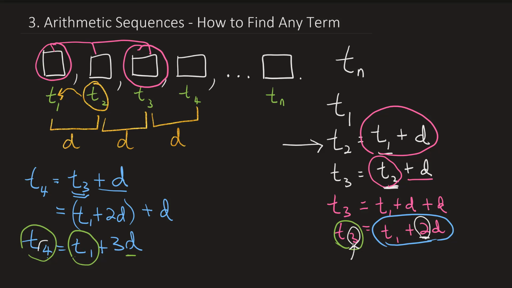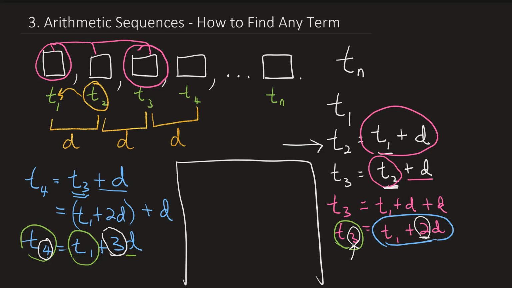When n equals 4, I have n minus 1 D. So now I can generalize. Let me draw a box here. So that if I want any term, I can take the first term plus 1 less, so n minus 1, lots of D. So if I wanted, for example, T7, I would take the first term plus 6D.